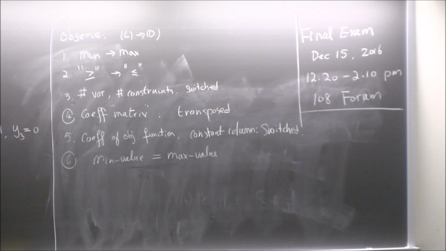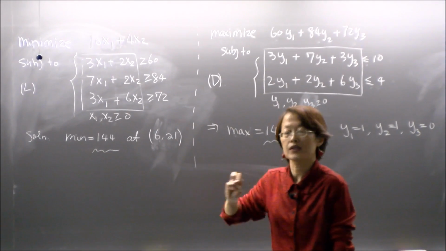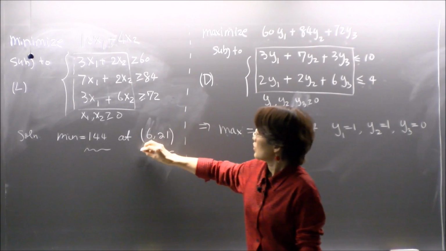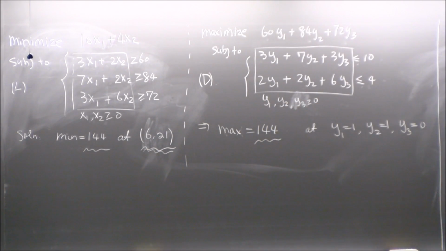We see that the min is obtained at the solution 6, 21. x1 is 6, x2 is 21. Do you think these two numbers somehow pop up again in the other problem, or in the way we solve it, or in the solution, or anywhere?